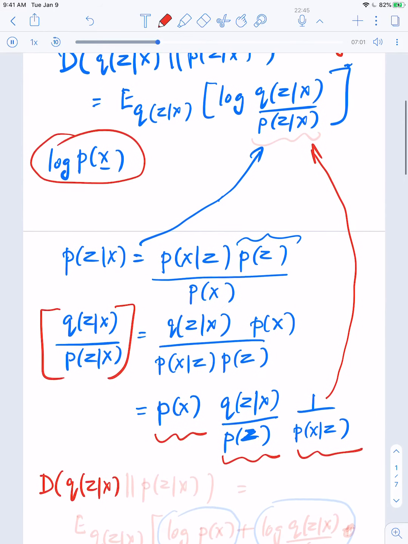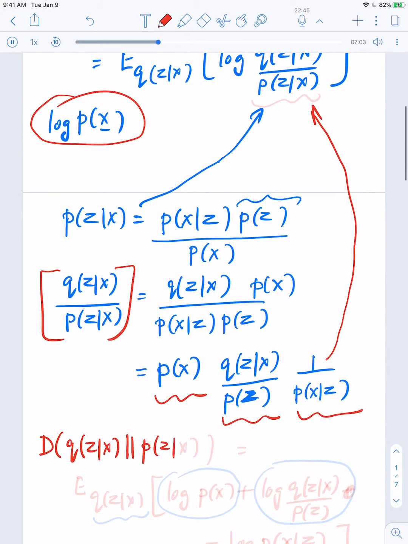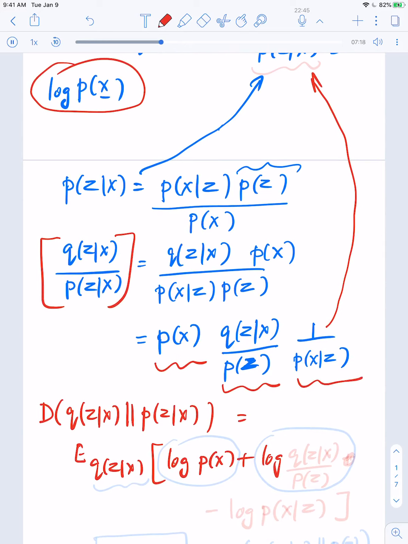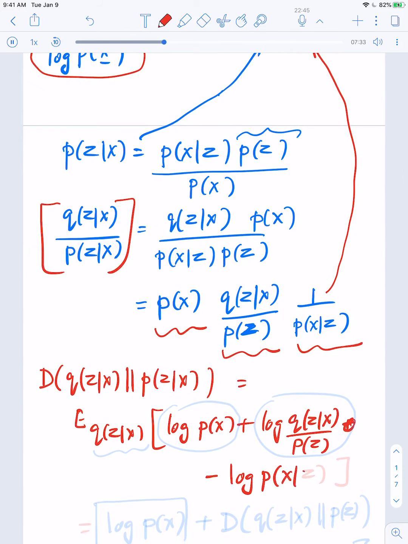I'm going to rewrite it. D of Q and P of z given x is the expectation using the Q density of the log of these three terms: log of P of x, plus log of Q of z given x divided by P of z, plus, well, there's 1 over that, right? So let me get rid of the plus. It's a minus log of P of x given z.